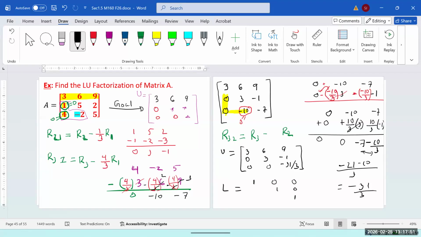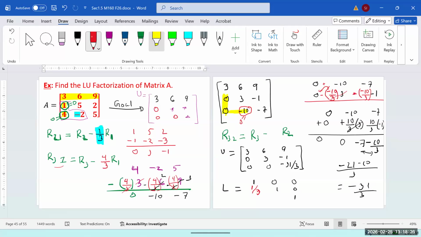Row 2, 1, we used negative 1/3 to get rid of that 2, 1 position. So we need to write positive 1/3 here. Whatever number you used on the U side, you have to use the opposite sign.